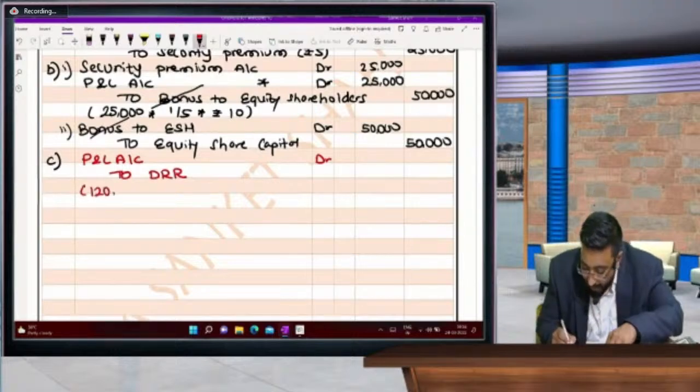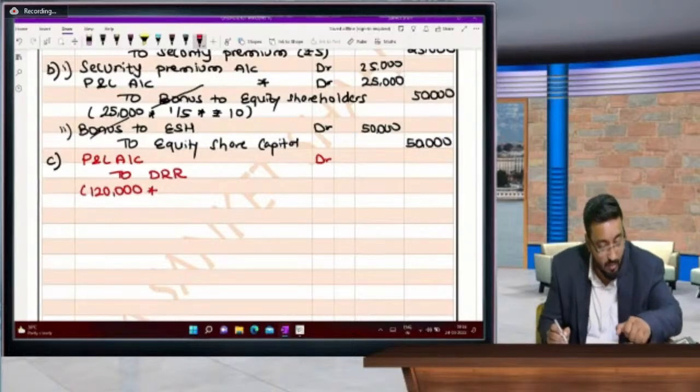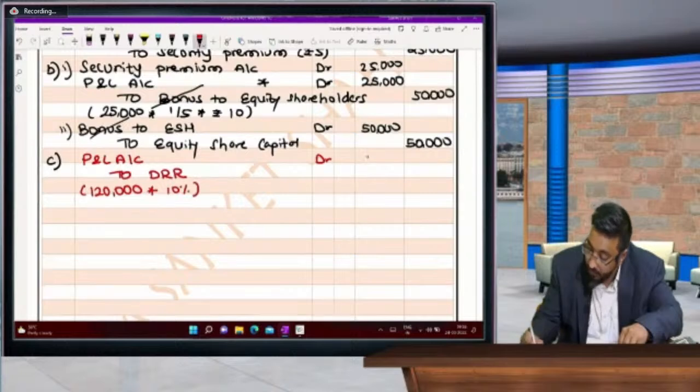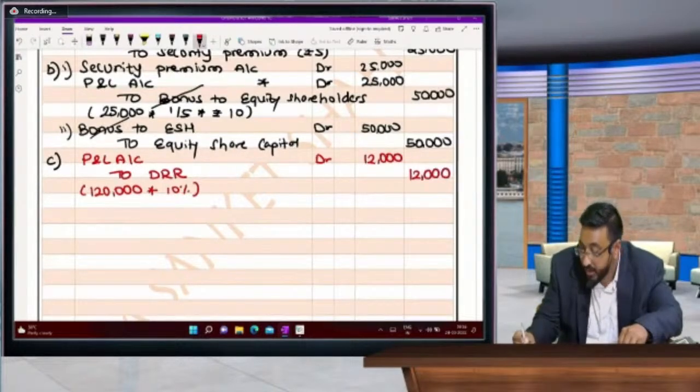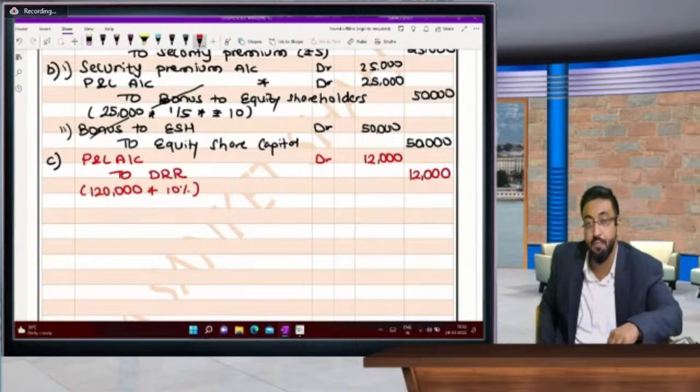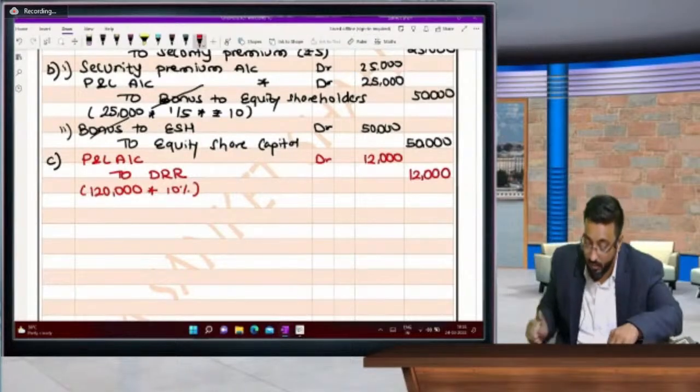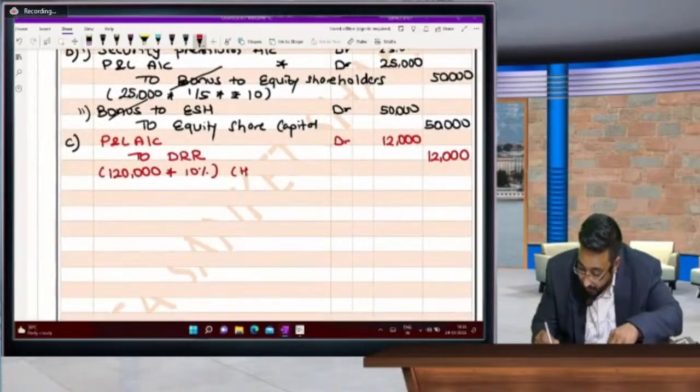What is the balance? 1,20,000. What is the amount? 10%. So we created DRR of rupees 12,000. We reduced profit, P&L debited, free reserves debited, and DRR is a specific reserve which we created. This is a hidden entry.